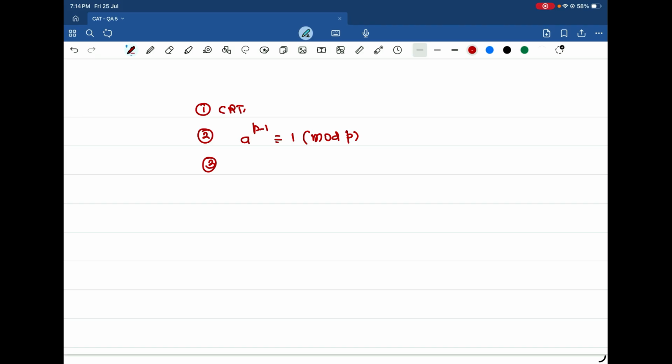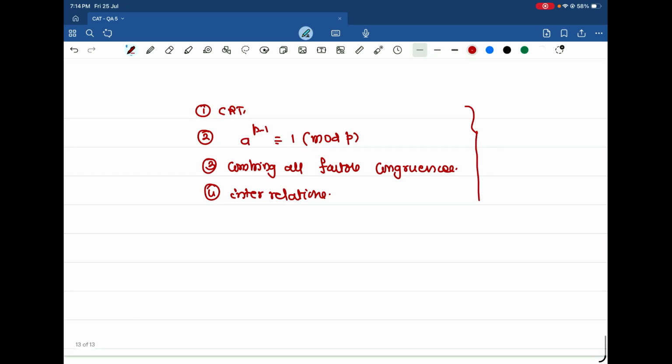A question can come combining all factors, congruences, how you combine them, and interrelations. If the whole problem may not be given, any one of these may be given, so that you should be able to answer them in finding the remainder.